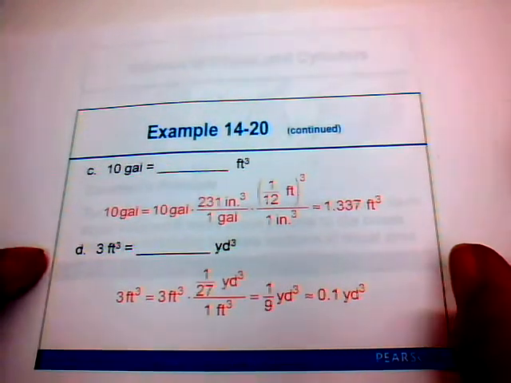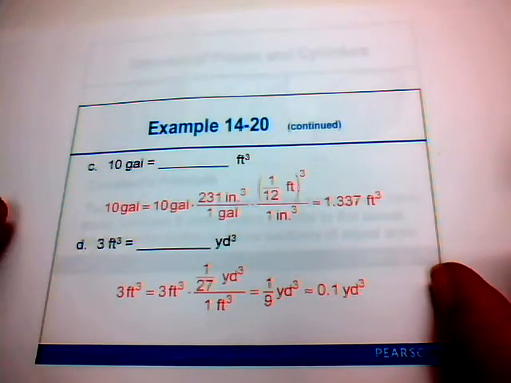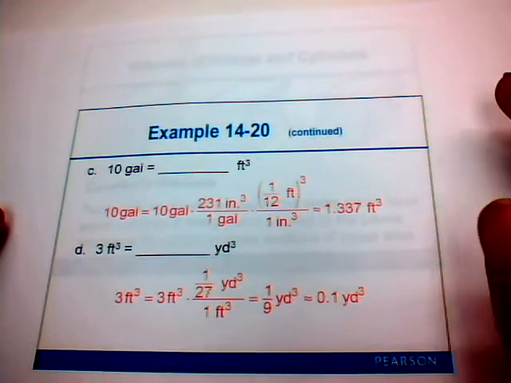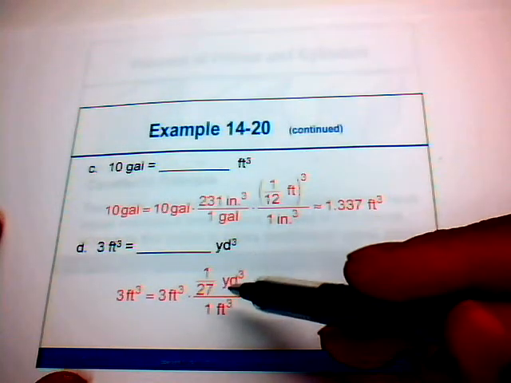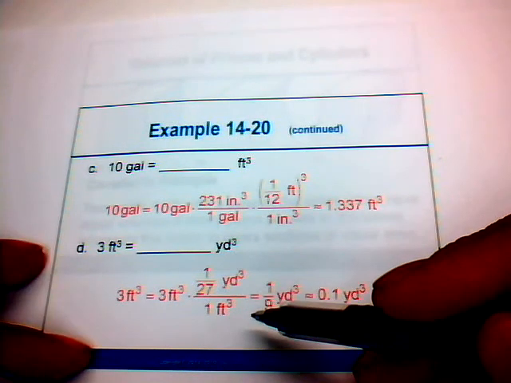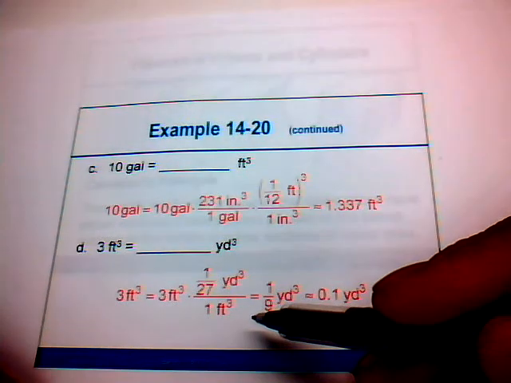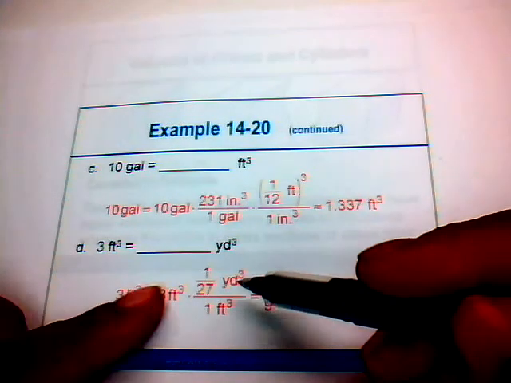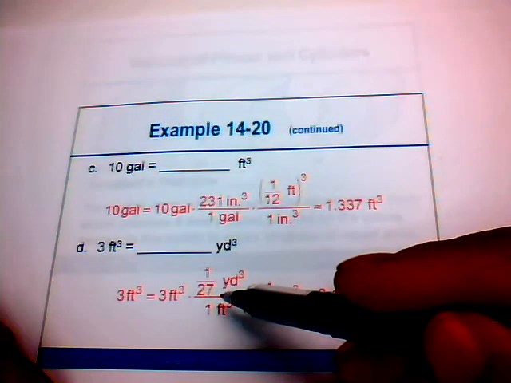And then finally, part D, 3 cubic feet is equal to how many cubic yards? Okay, the 1/27 came from the fact that 1/3 of a yard is equal to a foot. Because a foot is 1/3 of a yard. And of course, 3 feet is equal to a yard. So 1/3 of a yard would have to be equal to 1 foot. Cube that, you'll get 1/27.